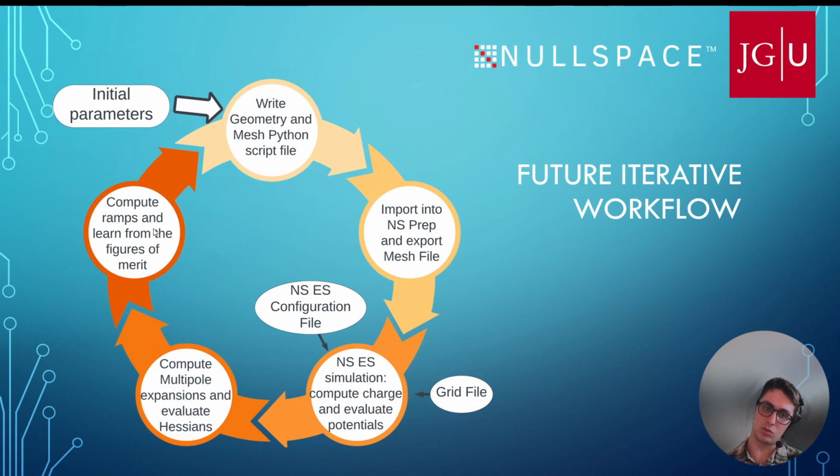Then we would like to be able to, using these processed magnitudes, compute transport ramps, that is the set of voltage biases as a function of time for each DC electrode that allows us to move an ion through the junction.